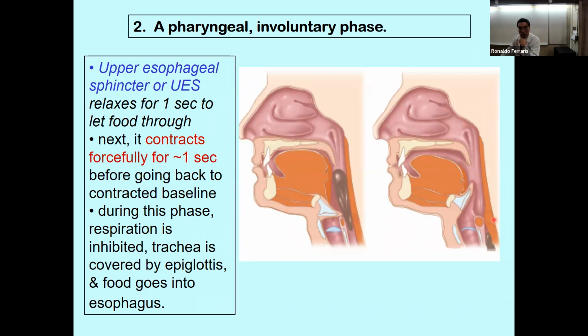And then it closes here for another second, and then it goes to its contracted baseline. So in this involuntary phase, you don't breathe in. Otherwise, your food goes into your trachea and you choke, of course. The trachea is covered by your epiglottis, and food goes into the esophagus.